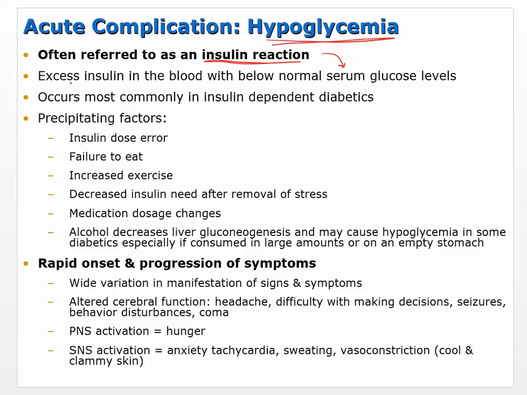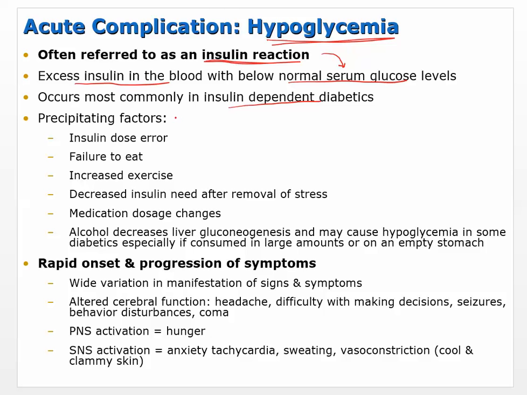It's caused primarily, and this normally shows up in type 1 or insulin dependent diabetics. So you end up with excess insulin in the blood, and that's going to cause below normal serum glucose levels.